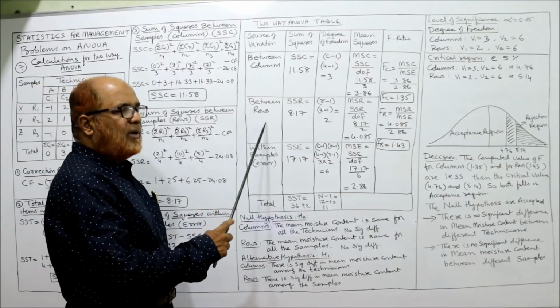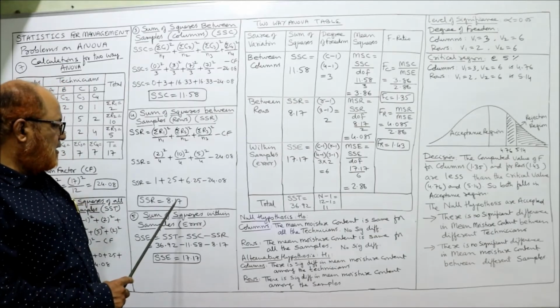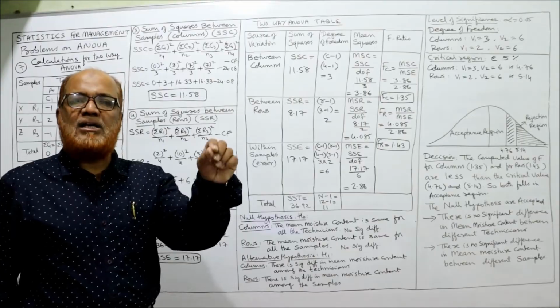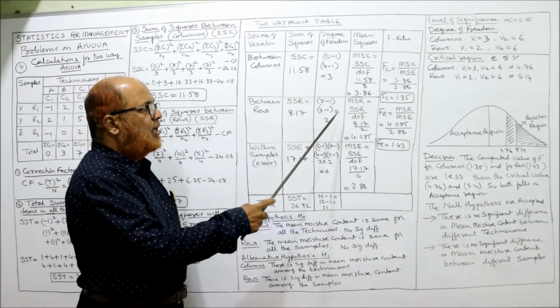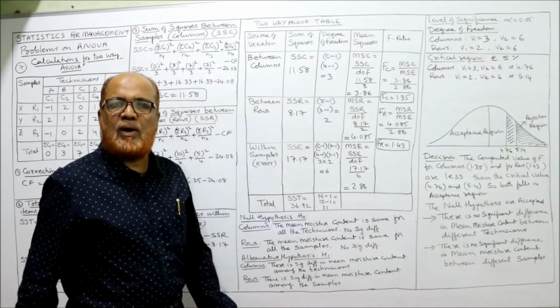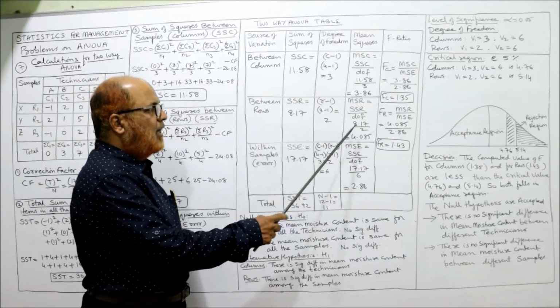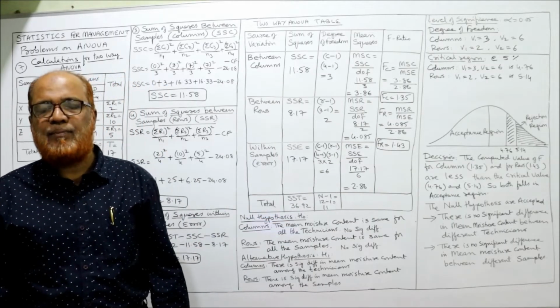Second row, between rows, SSR is 8.17. Degree of freedom is R minus 1. We have 3 rows, 3 minus 1 is 2. MSR, mean squares of rows, is SSR divided by degree of freedom, 8.17 by 2, which is 4.085.